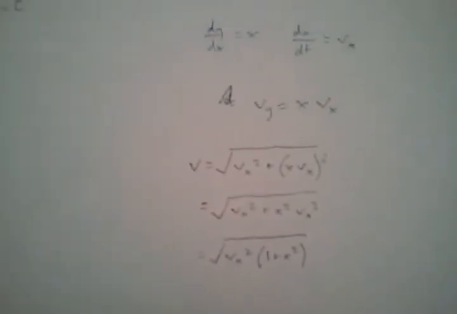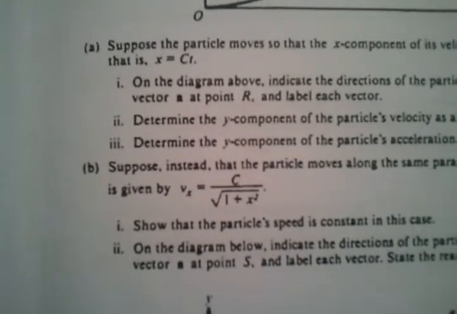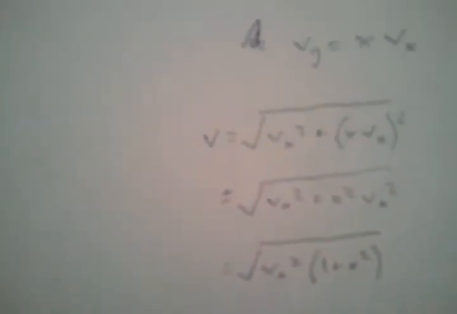Next, you will substitute in the original equation here. You have Vx is equal to c over the square root of 1 plus x squared. That goes into your vx right here.